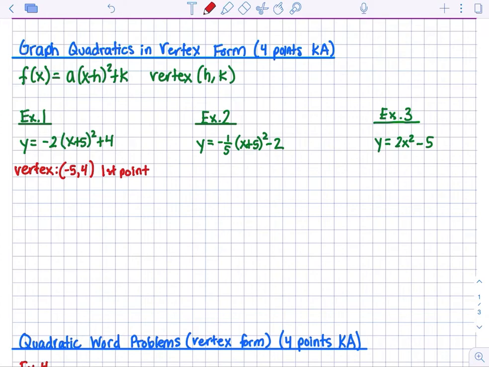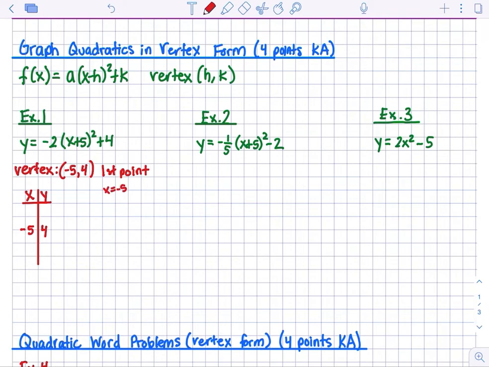So you should make an XY table. When you make your XY table, put the x coordinate of your vertex in the middle, because remember, x equals -5.